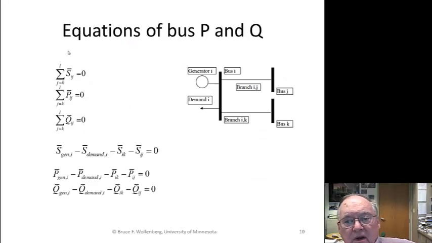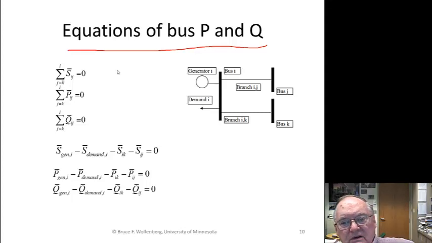Okay, the equations that we're going to use, we're going to start with the equations of P and Q. You know that S is called MVA, and it's equal to P plus, electrical engineers don't use the square root of -1 symbol I, we use J, P plus JQ.